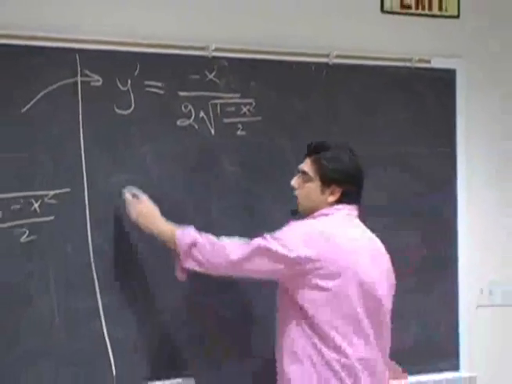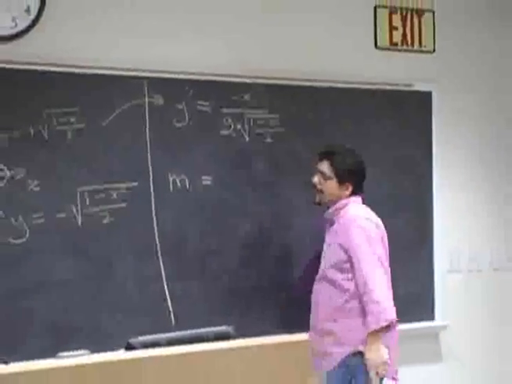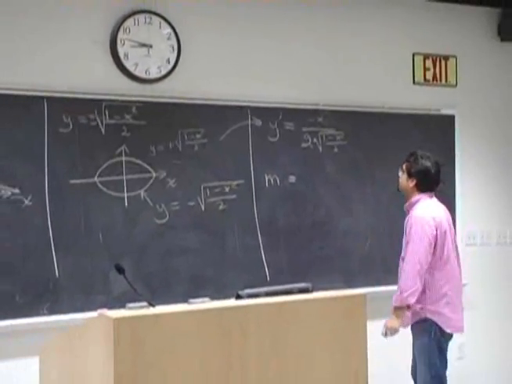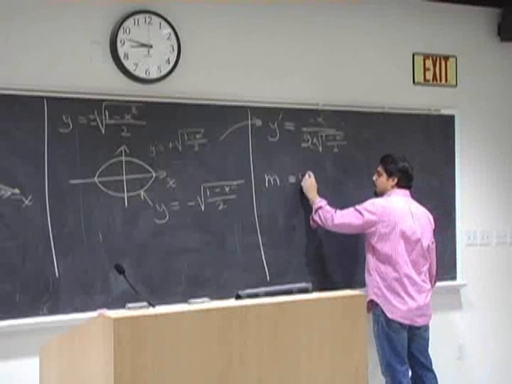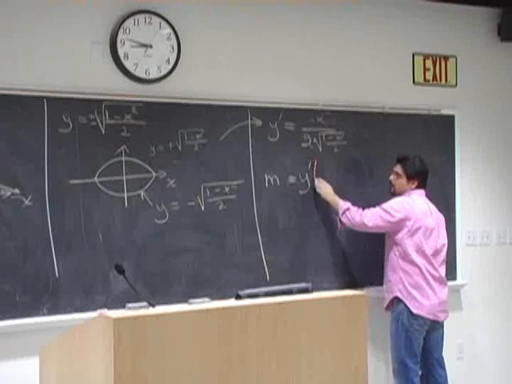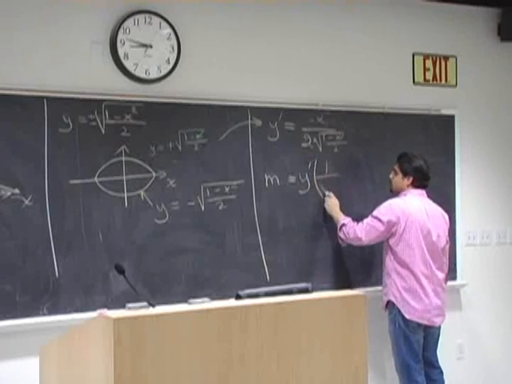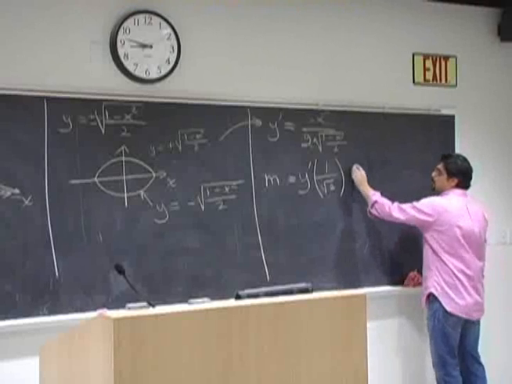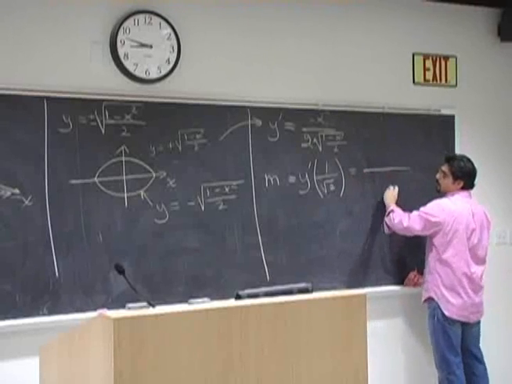And so I want the slope at that point, and that point is when x is 1 over square root of 2. So the slope for the tangent line will be the derivative evaluated at 1 over the square root of 2. So I'm just going to plug that in here.